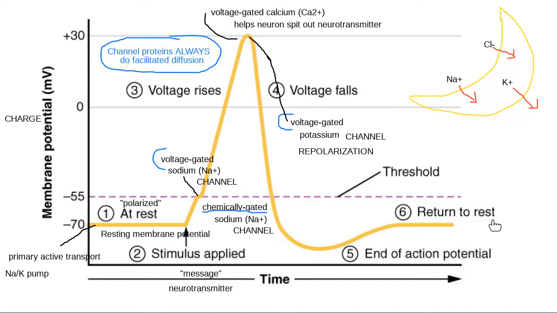To help us have this resting membrane potential be negative 70, we've got our sodium potassium pump pushing that sodium out and pulling that potassium in. But this is when a cell is waiting to hear from its neighbors at time number 1 and time number 6. To use our word from before, this is when our cell is polarized.